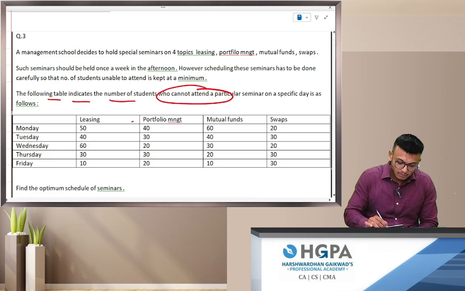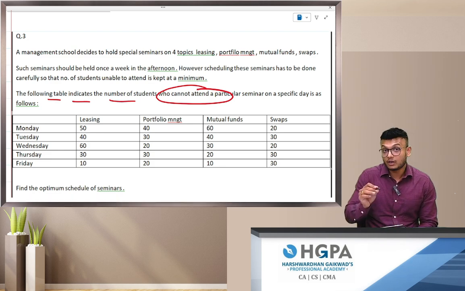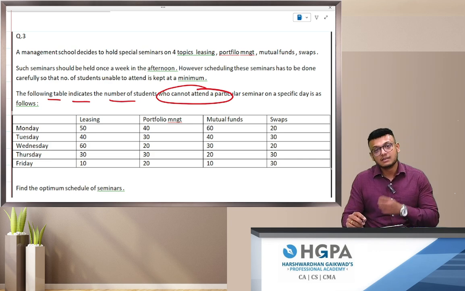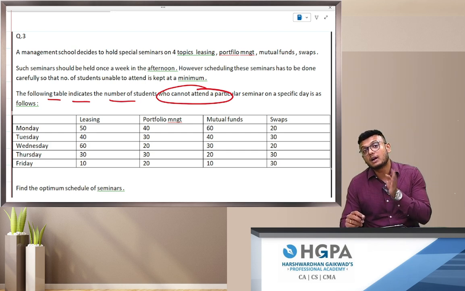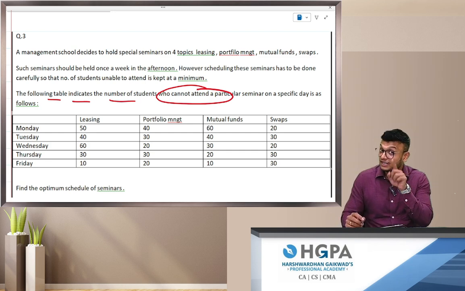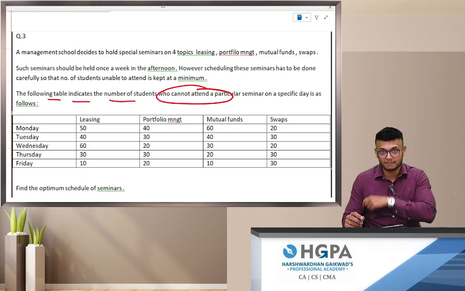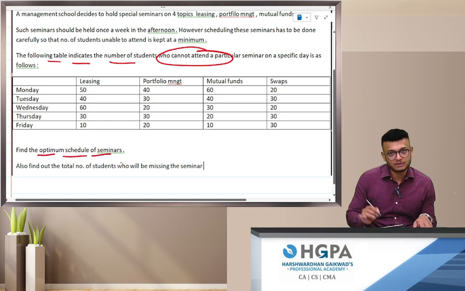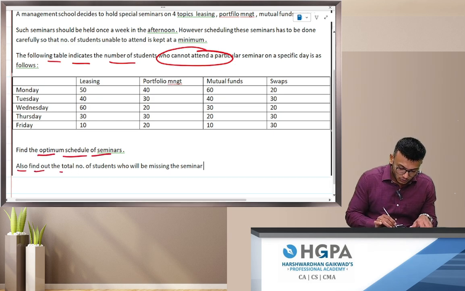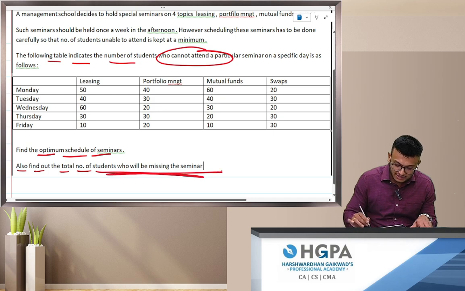If you keep portfolio management on Monday, 40 students won't attend. So what is this matrix? This matrix is showing you the number of students who are unable to attend a specific topic on that given day. Understood? Find out the optimum schedule of seminars. Also find out the total number of students who will be missing the seminar.